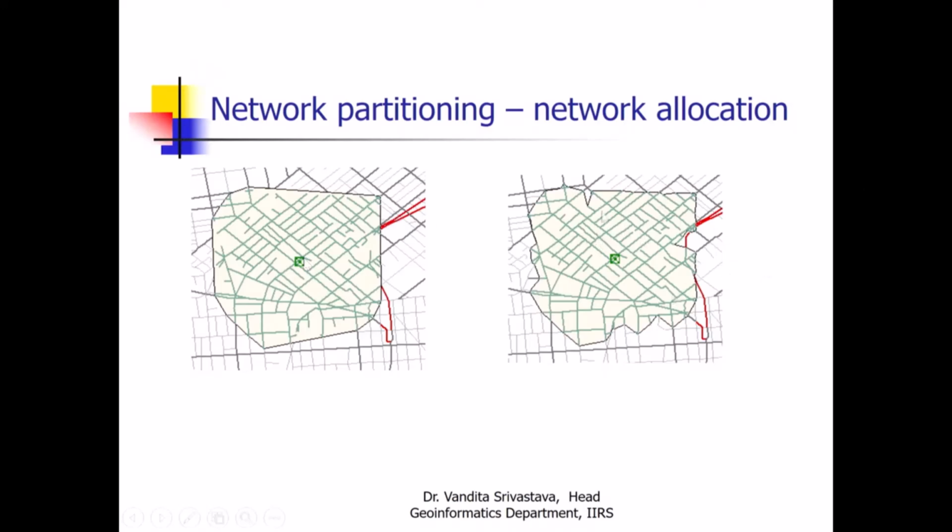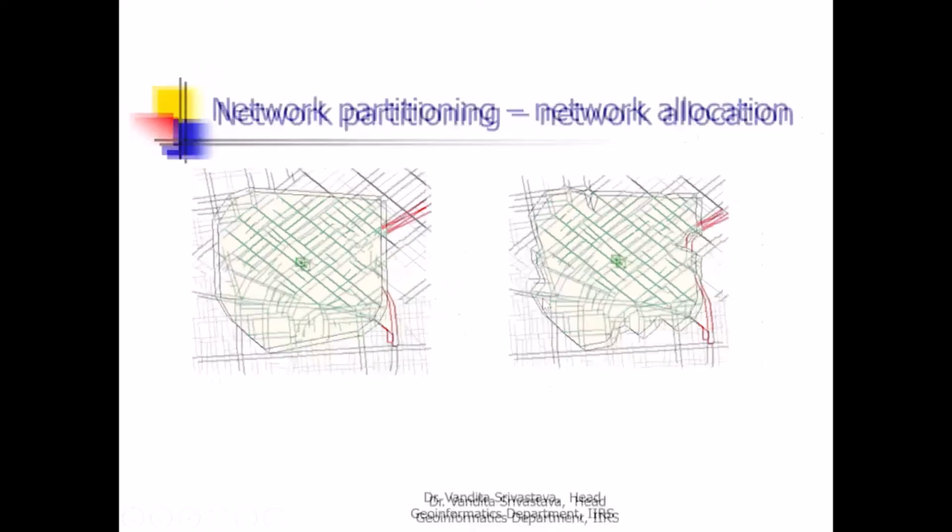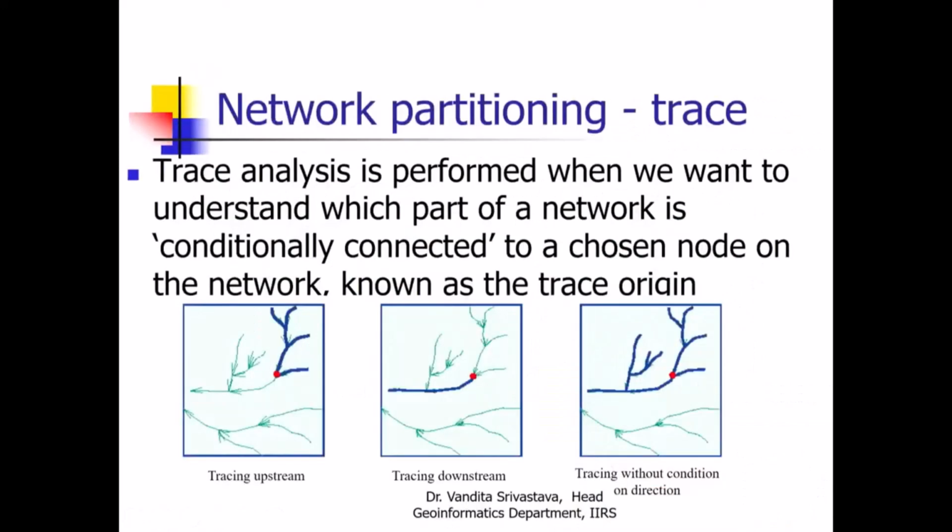In this case the road is considered to constrain the allocation. That is why you can see a reduction, because there is no road here. So this is a network partitioning which can be done using network analysis.